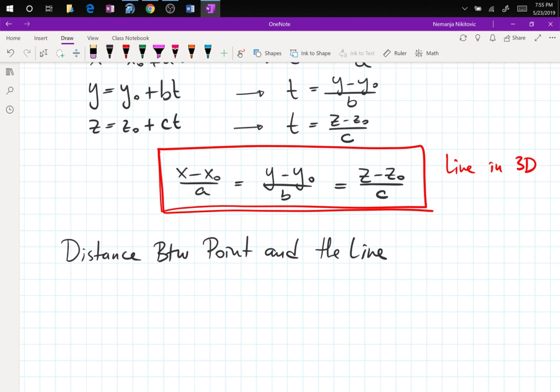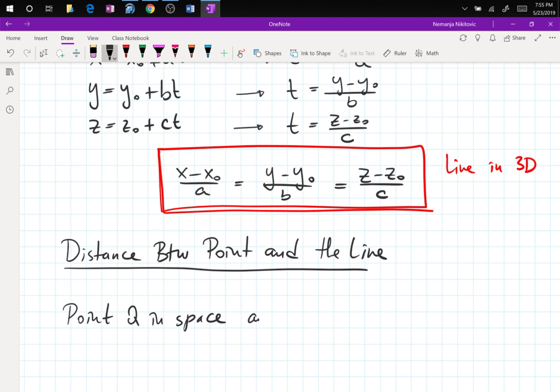So we're talking about point Q in space and point P on the line.